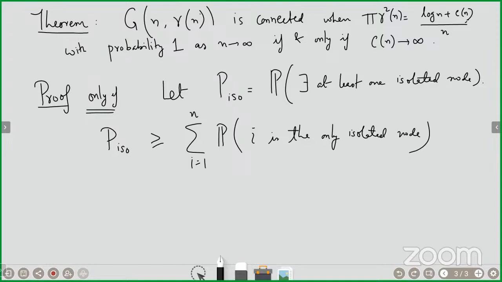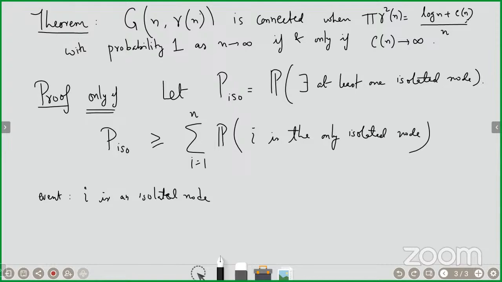So think of the event I is an isolated node, and compare that with I is the only isolated node. The distinction there. So I is an isolated node, and I is the only isolated node.